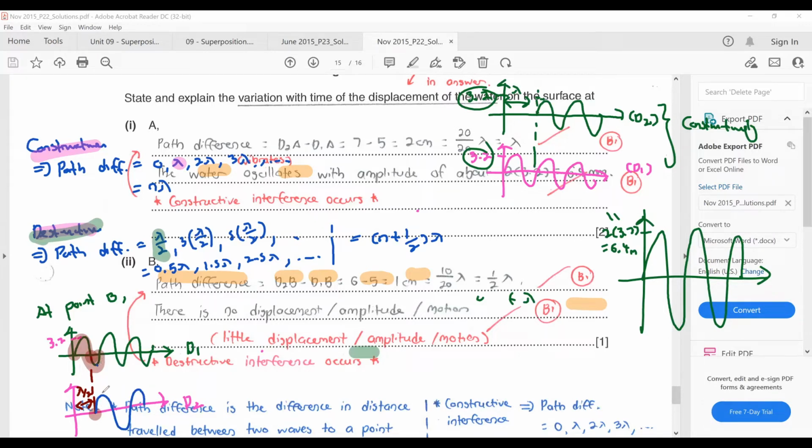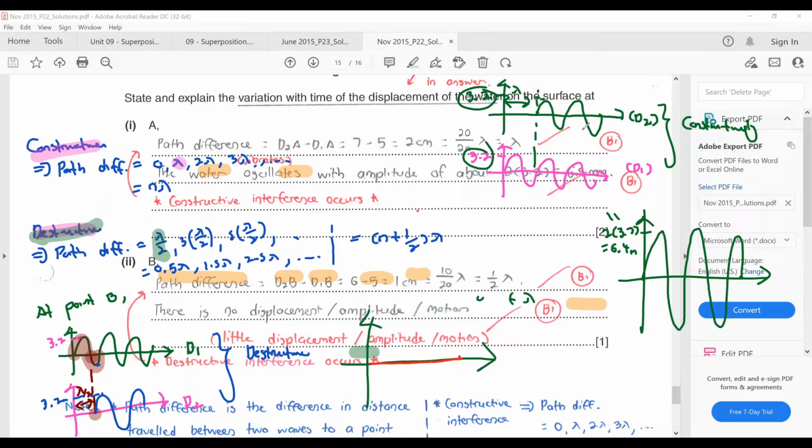Now you see crest meets with trough. This is destructive. Because this one also has the same amplitude, your resultant wave is just going to be 0. That's the gist of this.